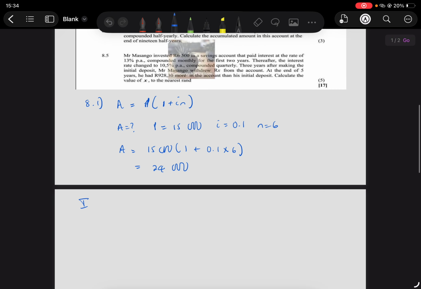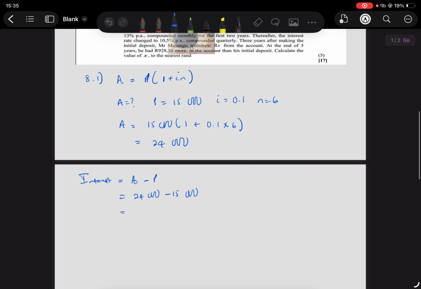Therefore, the interest that is earned should be your accumulated amount minus your principal, what you invested initially. So you have accumulated 24,000, but you invested 15,000, meaning that your interest is 9,000.